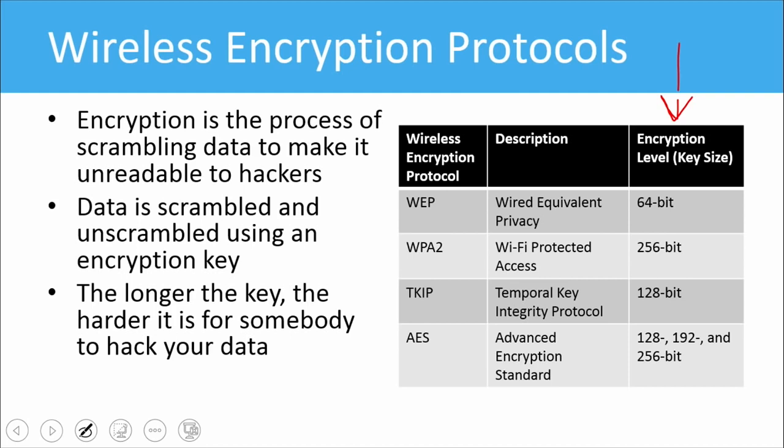The longer the key, the harder it is for somebody to hack your data. If you have a 256-bit key, it takes a lot longer for a computer to try to hack your data and figure out what kind of messages you're sending back and forth. In contrast, a 64-bit key probably isn't going to be super secure now.